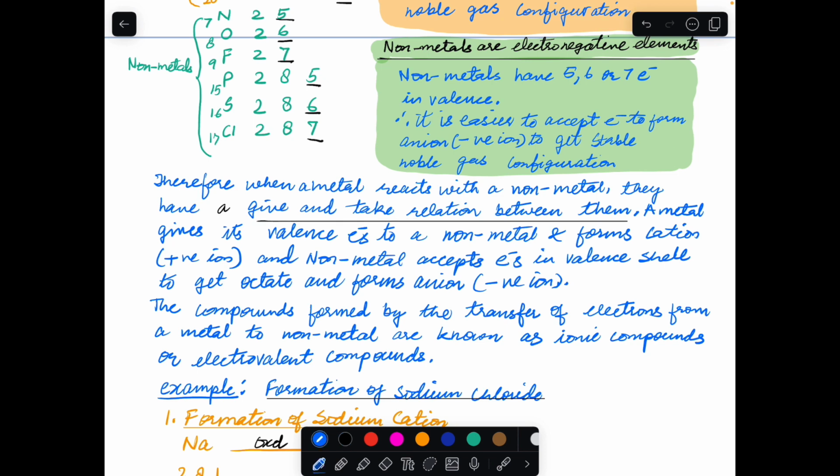Give and take relationship means what? That your metal will give electron and non-metal will accept electron, or will take electron. Therefore a metal will give its valence electron to non-metal and form cation, and the non-metal will accept electron in the valence shell to get octet and form anion or negatively charged ion.